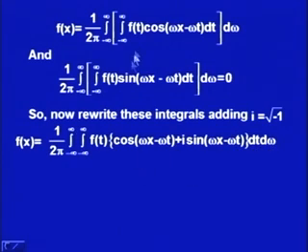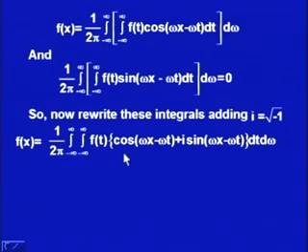So, what I have done is I have added these two integrals with plus i sin, because this is 0, so it would be same as f x. But now what I have got inside this bracket is cos omega x minus omega t plus i times sin omega x minus omega t.